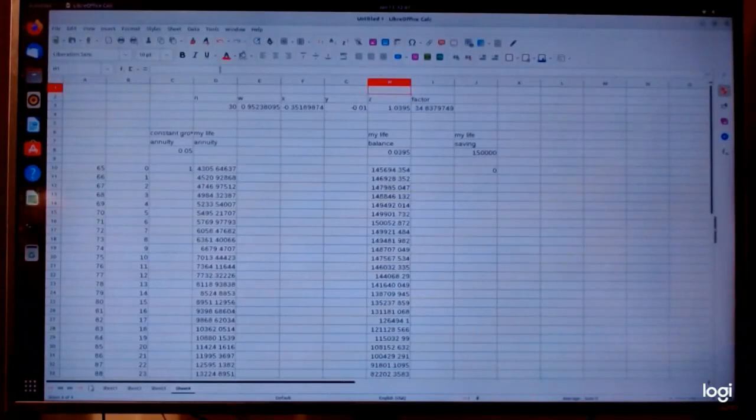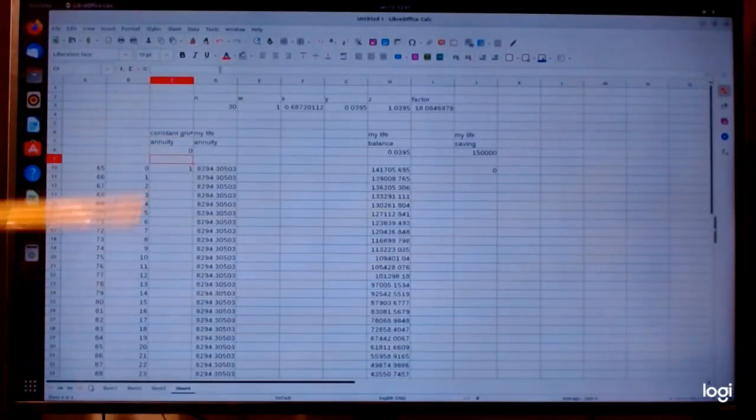And that's what I mean, that's a useful and practical use for the constant growth annuity. That's what I use for my analysis. If I want to make level payments, just change that 0.5 to 0.